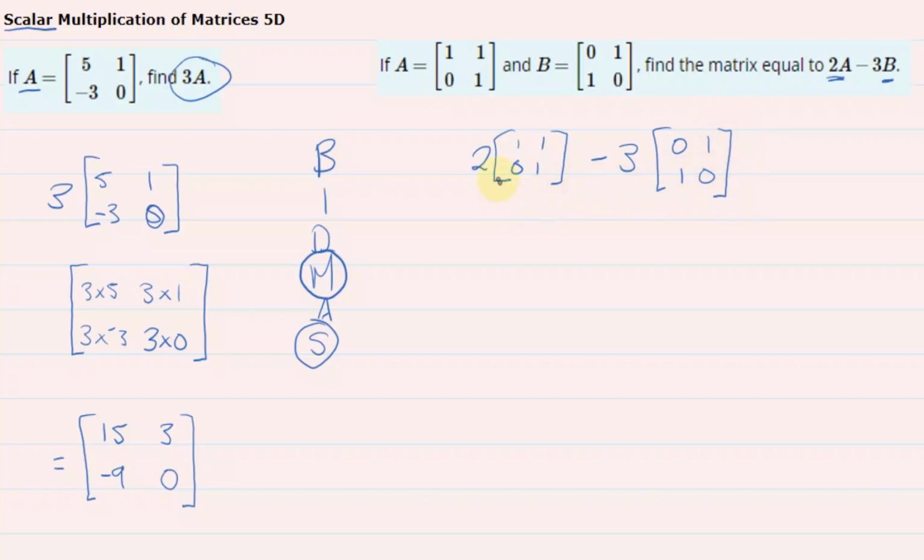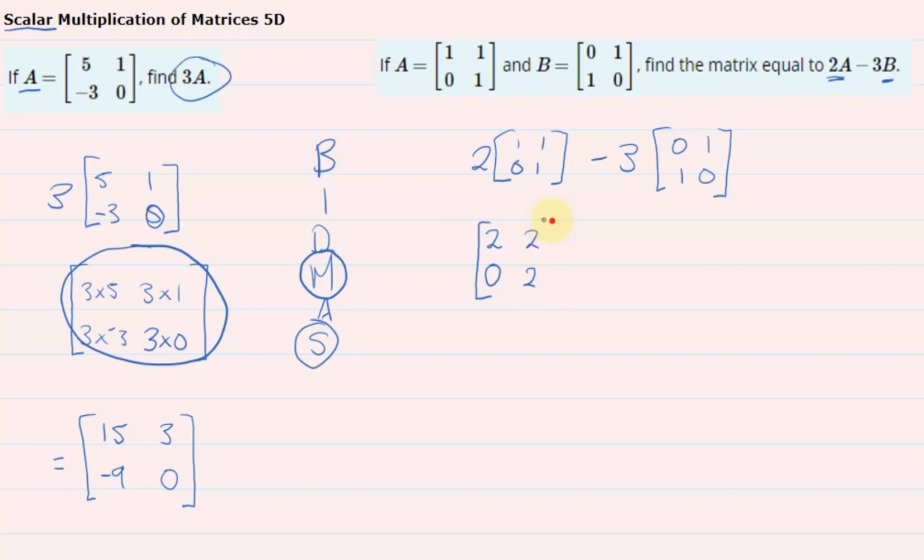Okay, so 2 times that. Now I'm going to skip that step there. 2 times 1 is 2, and 2 times 1 is 2. 2 times 0 is 0. 2 times 1 is 2.